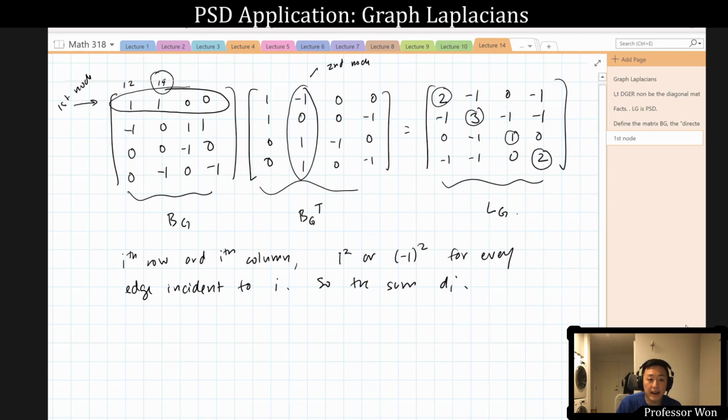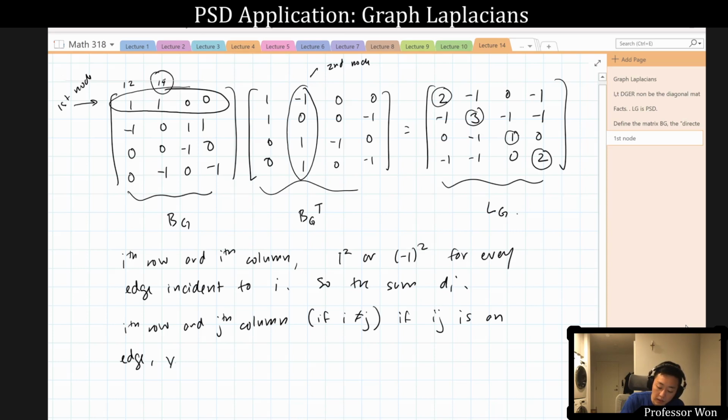So if you dot the ith row with the jth column, you'll get a 1 in one of them and a -1 in one of them at the point where they share that edge. So the product will be -1. So in the ith row and the jth column, if i is not equal to j, if ij is an edge, you will get one of them to be 1 and one of them to be -1.